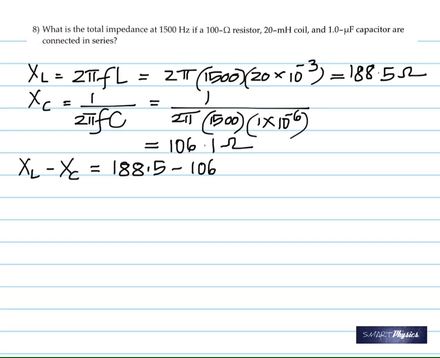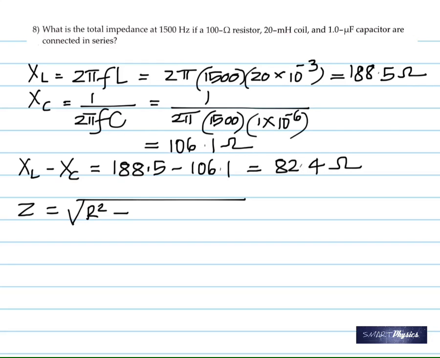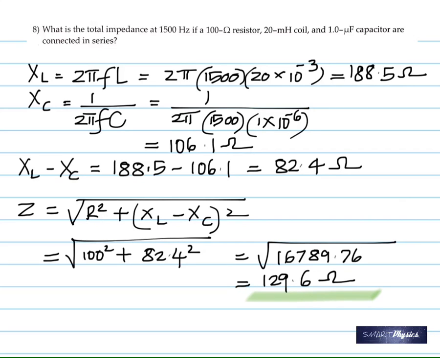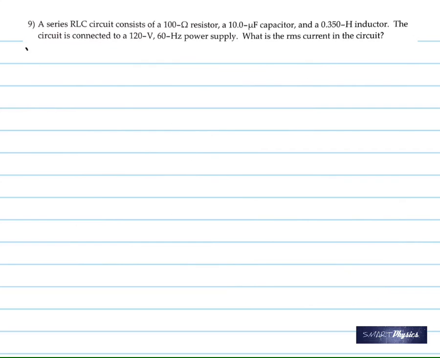So the difference between the two is 82.4 ohms, and then impedance is the square root of R squared plus (XL minus XC) whole squared. Substitute the numbers and get 129.6 ohms.